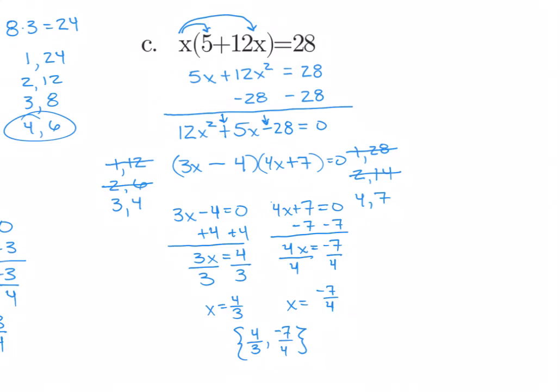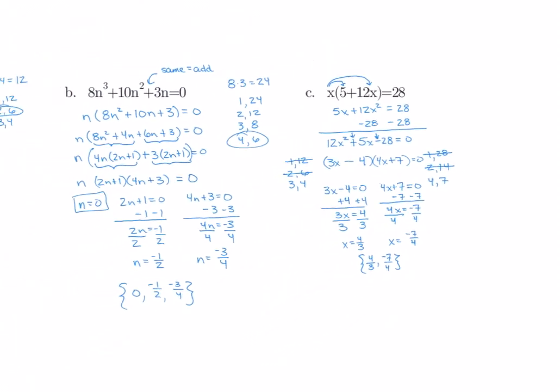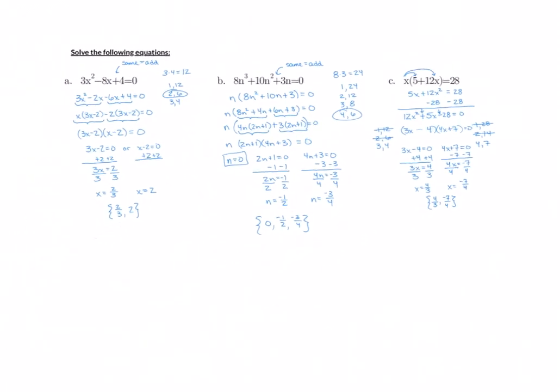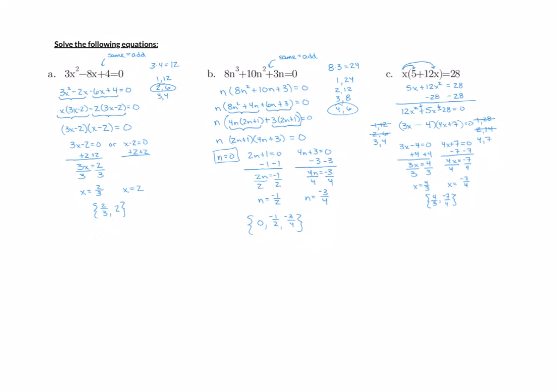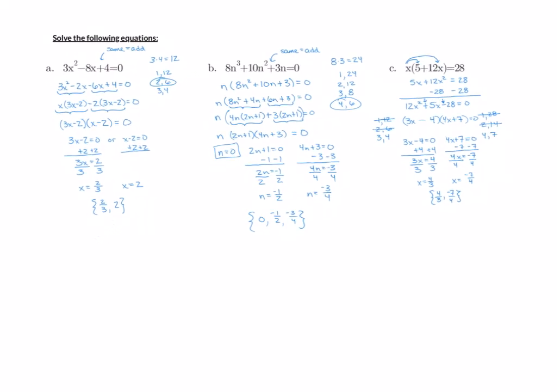And we're done. Okay, so as you can see, AC method does require a little bit more lines of work just because you are going to be doing factor by grouping.